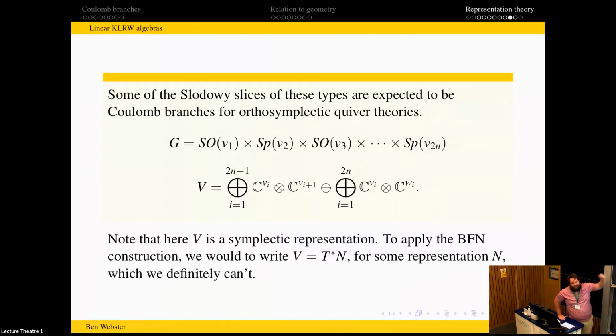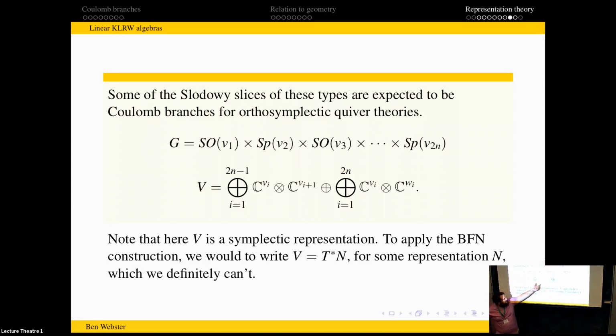There's this notion of orthosymplectic quiver varieties, where instead of having two nodes with labels on them and Homs back and forth, that would be the symplectic representation, the cotangent space to Hom from one to the other, I instead alternate symplectic and orthogonal groups, and when two of them are adjacent, I tensor the natural representations for those.